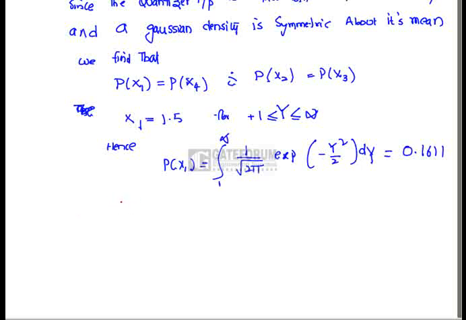Hence the entropy: similarly, we have to find probability of x2, and after finding it, if we substitute probability of x1 and probability of x2 in the entropy equation, we will get 1.91 bits. Probability of x2 equals 0.3389.